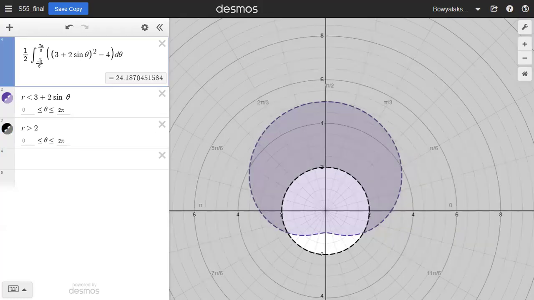If you just give 11 pi by 6 to 7 pi by 6, it will give a completely different answer, because of my negative 2 points, it's not correct since it's below the x-axis. That's the reason it's minus pi by 6 to 7 pi by 6. That will give you around 24.18, the same thing we got in the algebraic approach.